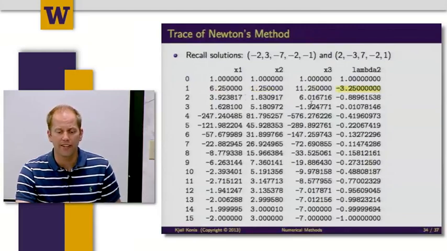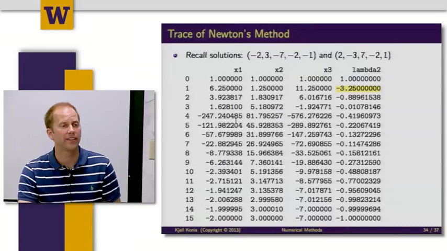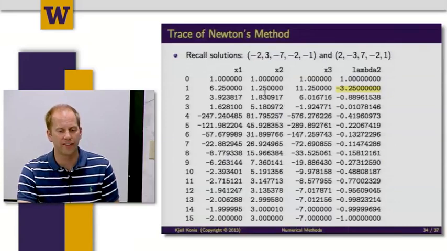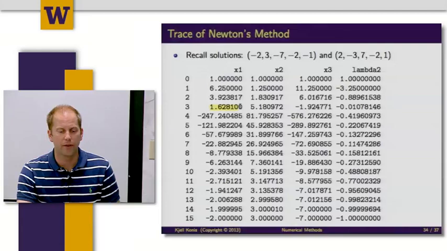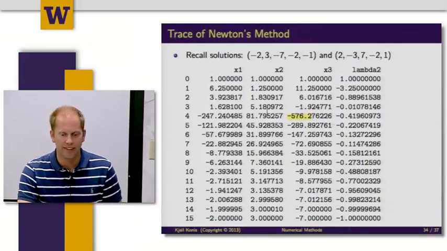And so what we're seeing is each time I do an iteration, it's changing what the values of these things are. And for the first few steps, nothing very extreme happens. And then all of a sudden, in step 3, I went from 1.62 to negative 247. I went from 5 to 81, from about negative 2 to negative 500 and something.